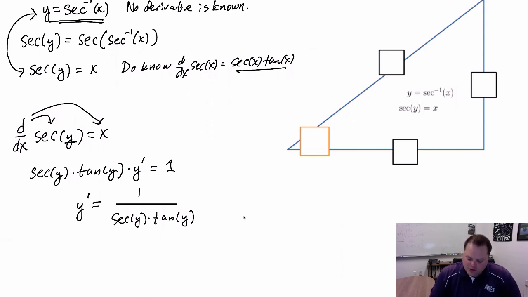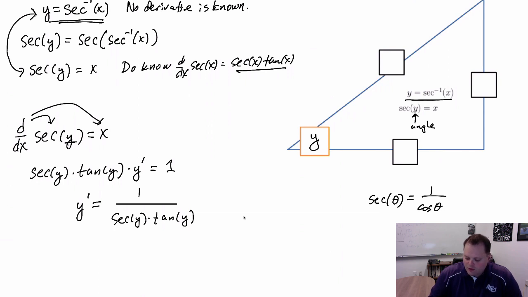If we're looking at the function secant inverse, every inverse trig function has what's called a trig substitution triangle associated with it. Secant of y is equal to x. Well, y is the angle, so it would be right here. Remember that the secant of any angle is 1 over cosine.